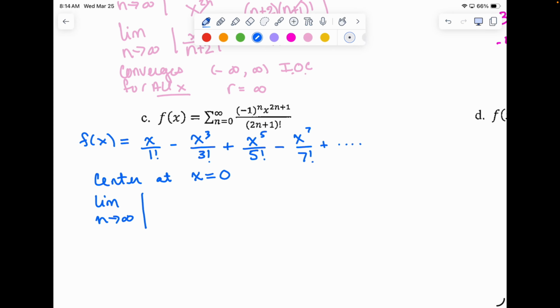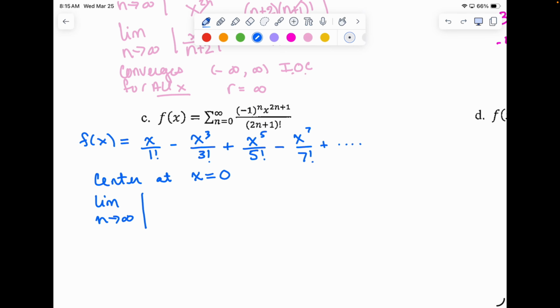I have to have n plus 1. So let's think about what happens with that. The absolute value is going to eliminate the -1 to the n component, right? It makes all the terms positive. So I'm going to not include this. I'm not writing it down because my absolute value knocks that out.